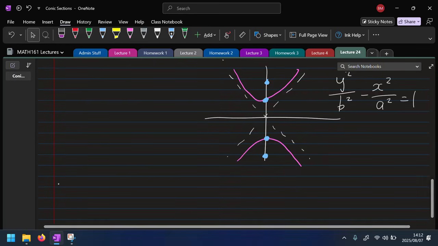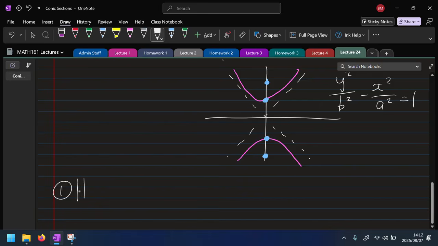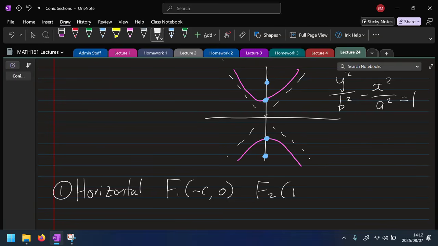Well, in the first case, for horizontal, we can write f1 is going to be (minus c, 0). Okay, so the x value is minus c for that left-hand side. And then for the right-hand side, f2 will then be (plus c, 0). Okay, the left and the right one.